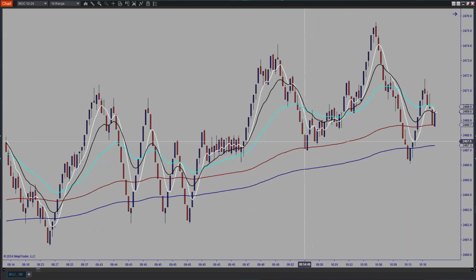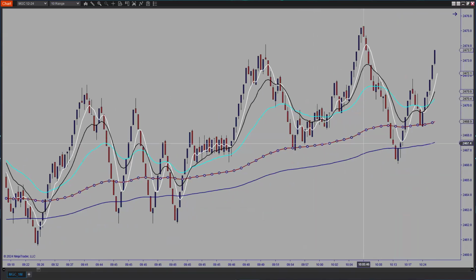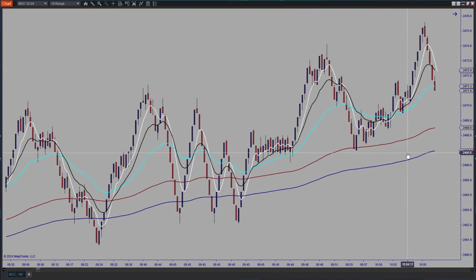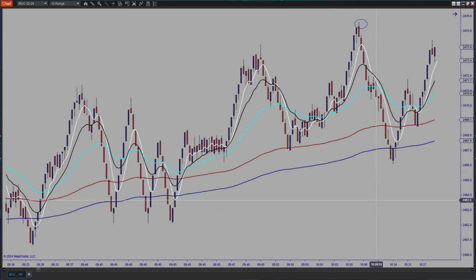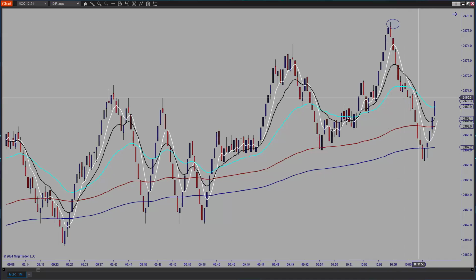So here, that was the trade. Okay, so let's look at this. Did this make a higher high? Yes or no? There you go. Easy. It doesn't have to be complicated, you know? So our 5 is now below the, our 13 is below the 34.